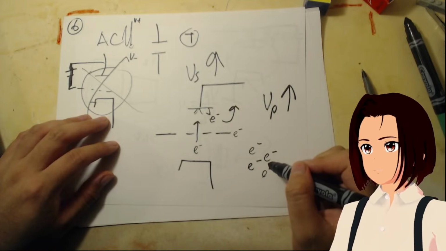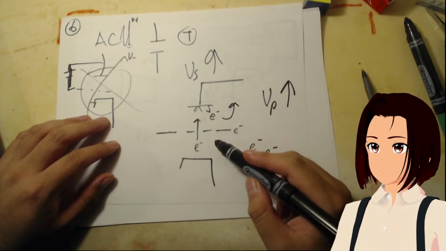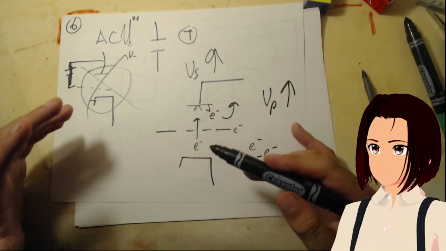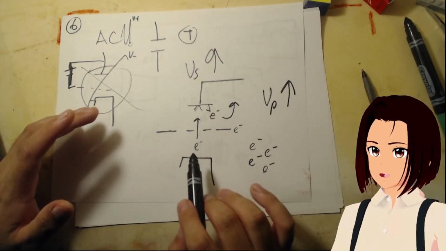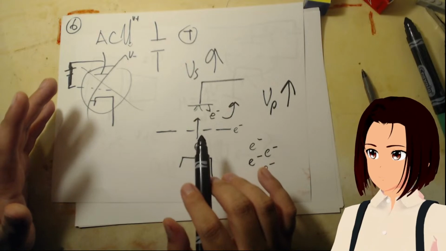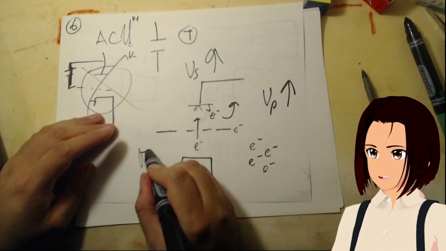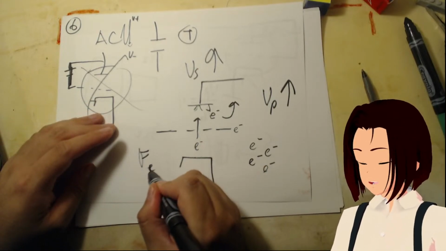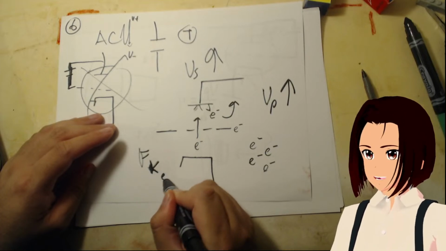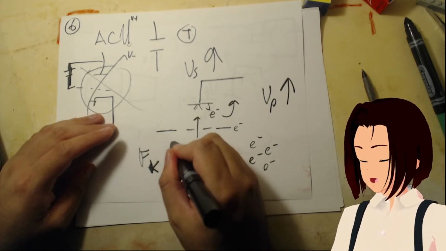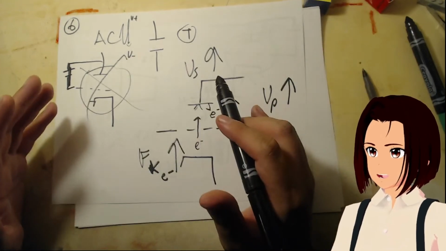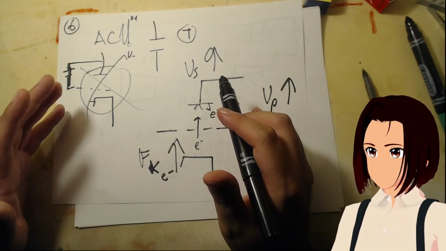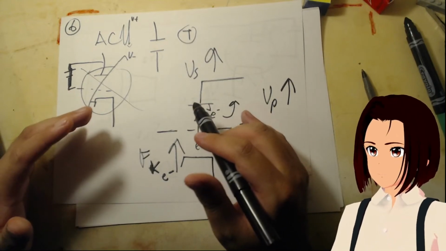The kinetic energy of these electrons becomes so strong that it knocks so many electrons off the plate, and they get tangled up in the grid.